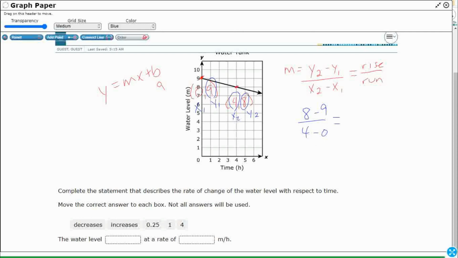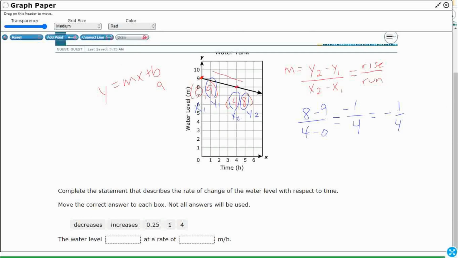So it looks like I've got 8 minus 9 makes negative 1, and 4 minus 0 makes 4. So we could just call it a negative 1/4.